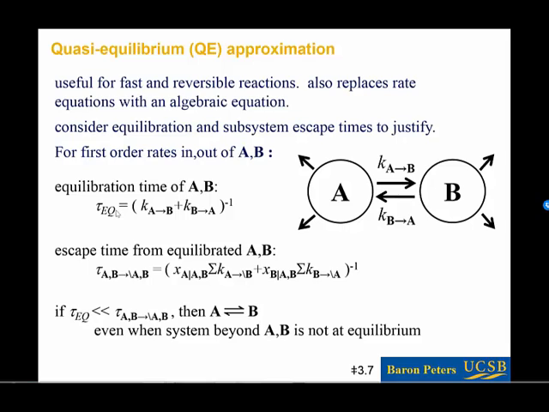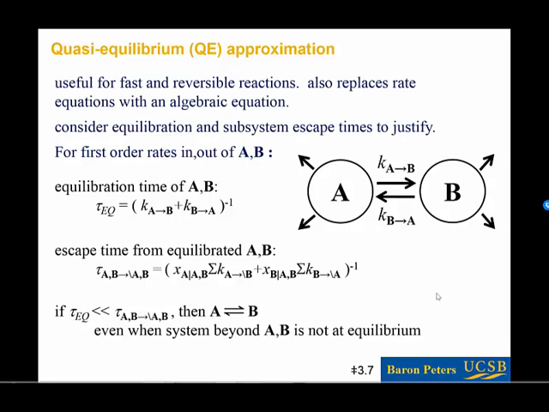Now, if the equilibration time is much, much shorter than the escape time, then you will have plenty of time to equilibrate once you found your way into this basin, and you can apply the quasi-equilibrium approximation to this little pair of species in your reaction network.